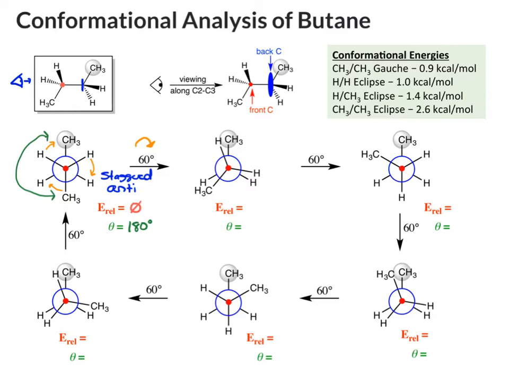And I've given you a table of conformational energies up here. We're going to see some different things and talk about them, including a methyl-methyl gauche, which we haven't encountered yet. We have a hydrogen-hydrogen eclipse, hydrogen-methyl eclipse, and methyl-methyl eclipse. So if we look at this structure, it's an eclipsed structure.